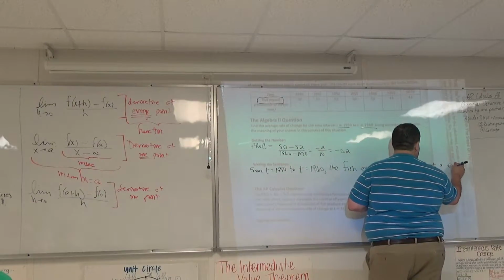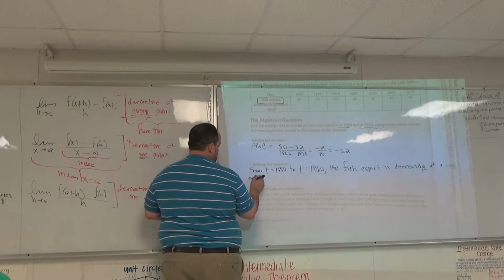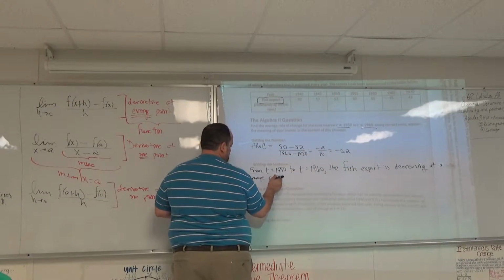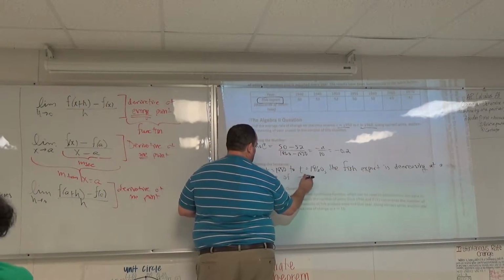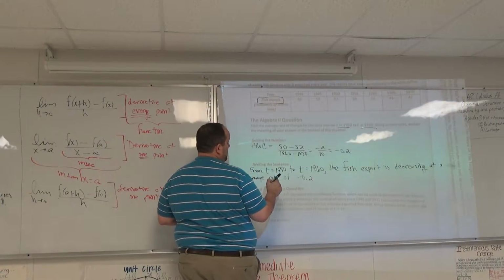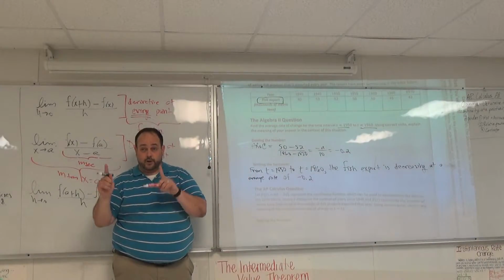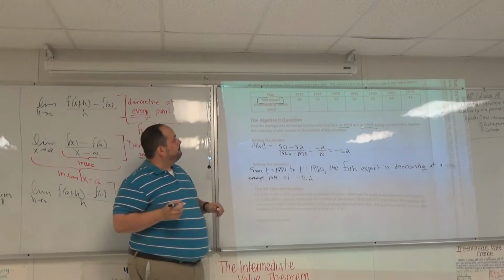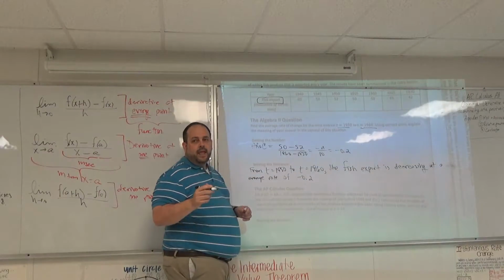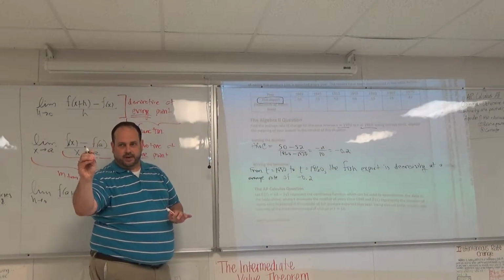At an average rate of negative 0.2 of fish export per year. Thousands of metric tons. Wait, we need units here. What are the units? Celeste, help them out. Hold on, there's also something here I don't like, but let's focus on the units for a second.